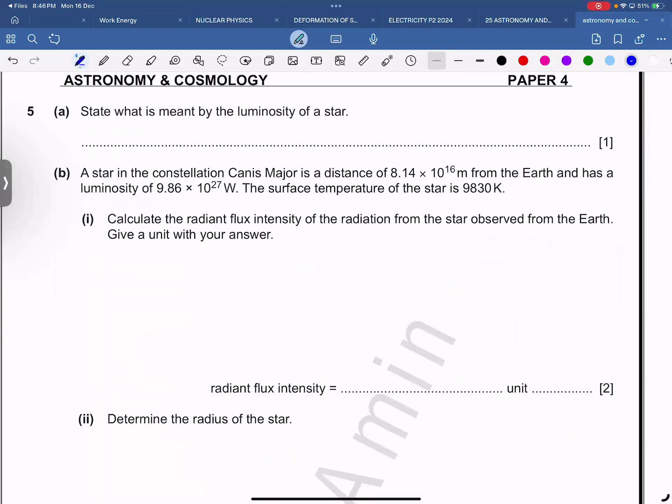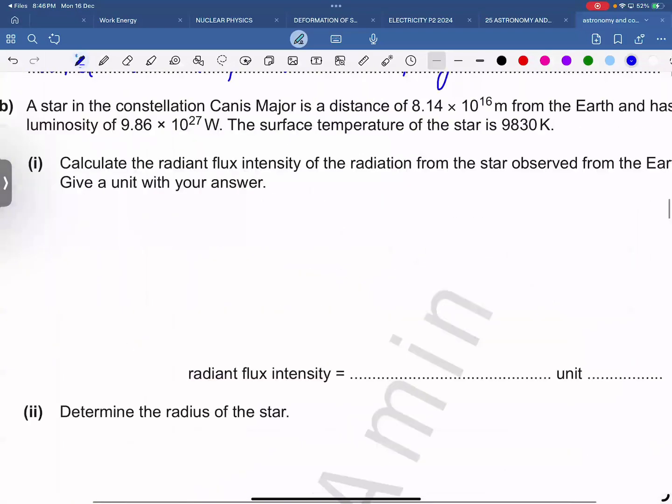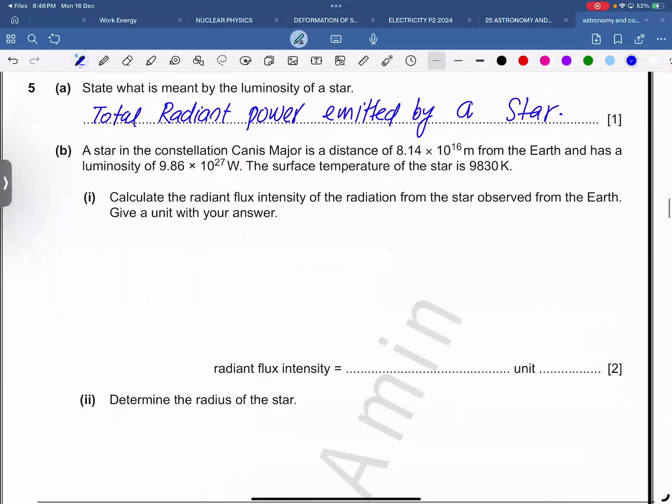What is meant by the luminosity of a star? Total radiant power emitted by a star. Everything came in 22. Total radiant power emitted by a star.